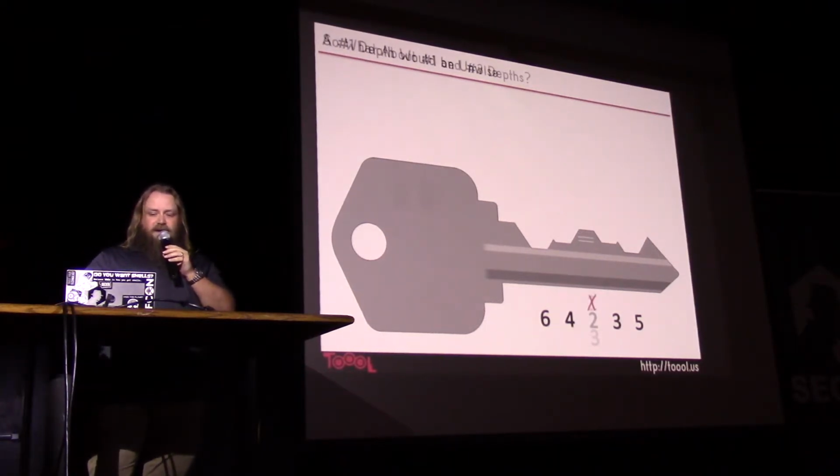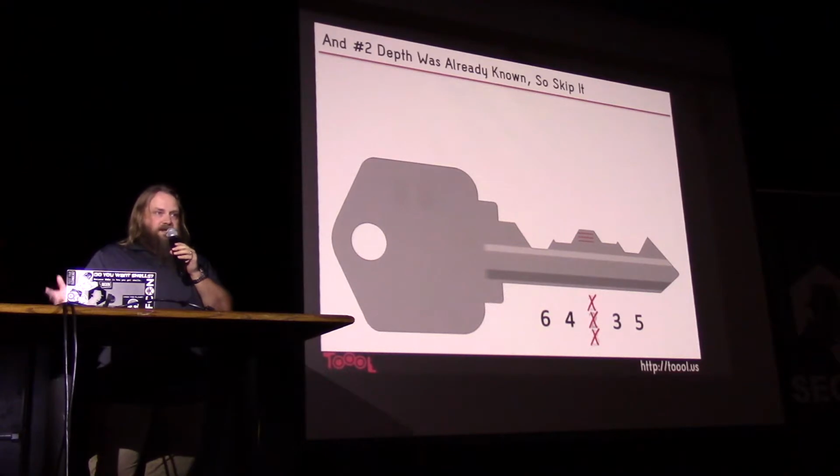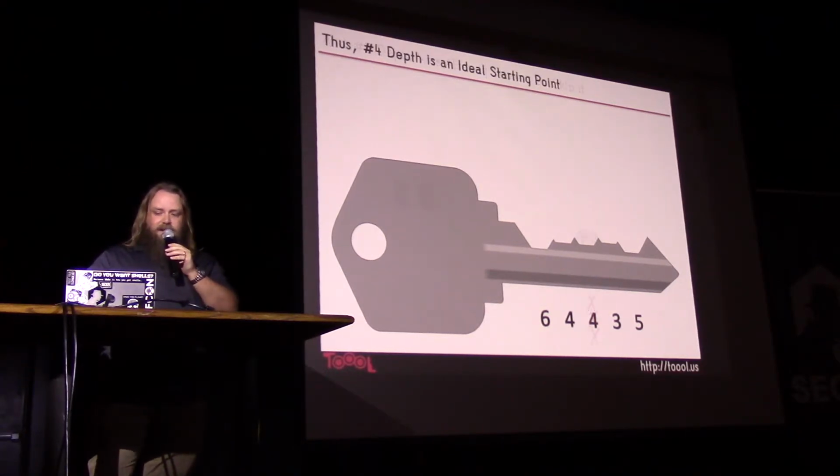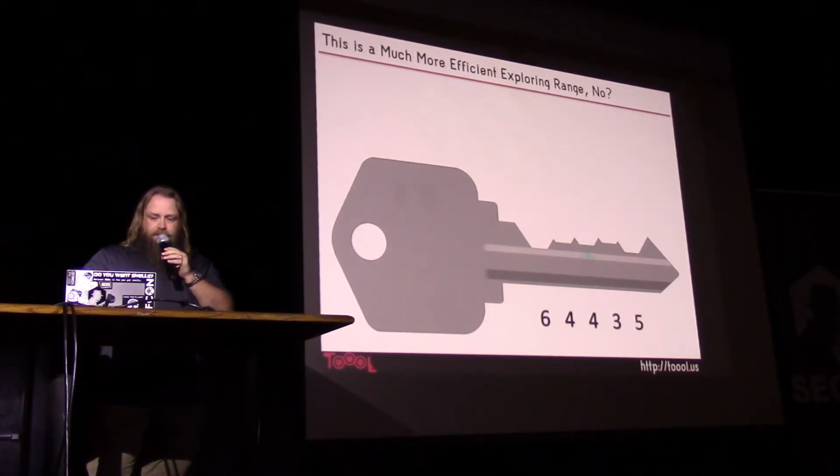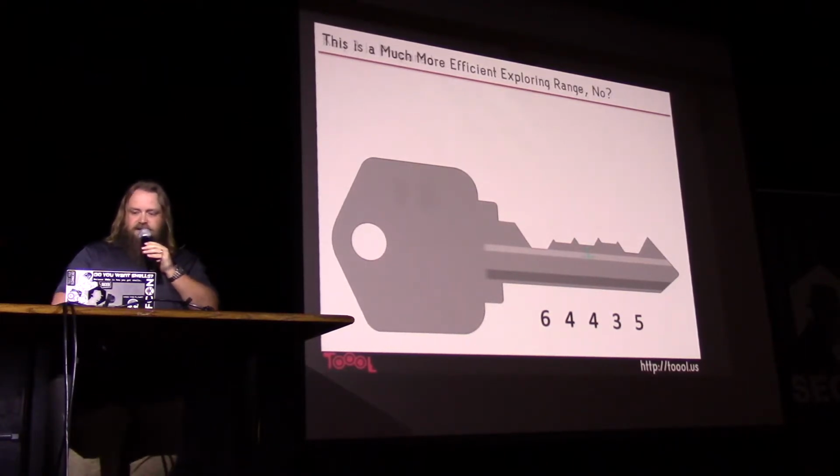So in reality, we can start at 4. So 1 and 3 would be very unwise. We know that 2 is a known from our change key, so we can skip it, and we can just jump right forward and start on 4, really shortening the amount of time that we're going to spend trying to find this master key. So this is a lot more efficient.